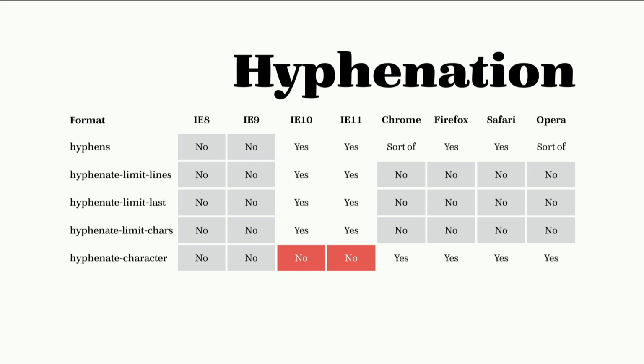If I had to rank browsers into a list about best web font support or best type support, I would say Firefox, IE, and then somewhere at the bottom is Chrome and Opera and all the WebKit stuff. So as you can see here, Chrome, Firefox, Safari and Opera don't support any of these properties.